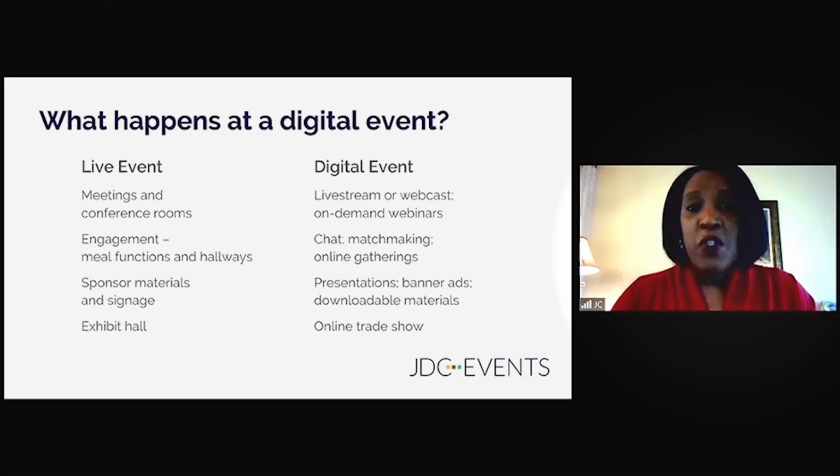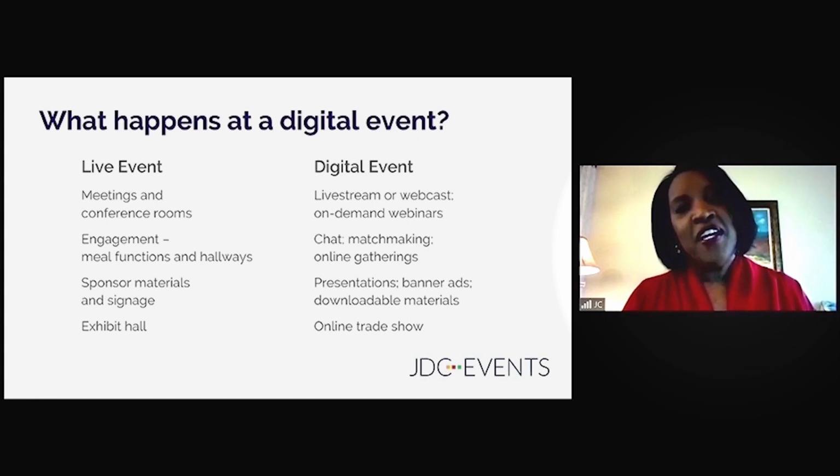And then, of course, you have your sponsors. You would have materials, you can visit with your sponsors, or signage that you can see when you're on site. In the digital space, it's similar in the sense that maybe your sponsor's delivering a presentation, or there's a banner ad with their logo, or there are materials that you can download to access later. And if you have a trade show, you know the exhibit hall, you're walking the aisles, visiting each of the vendors.